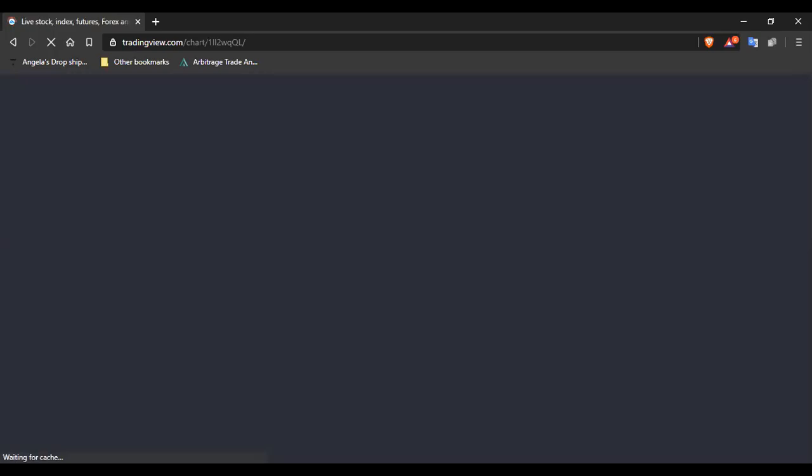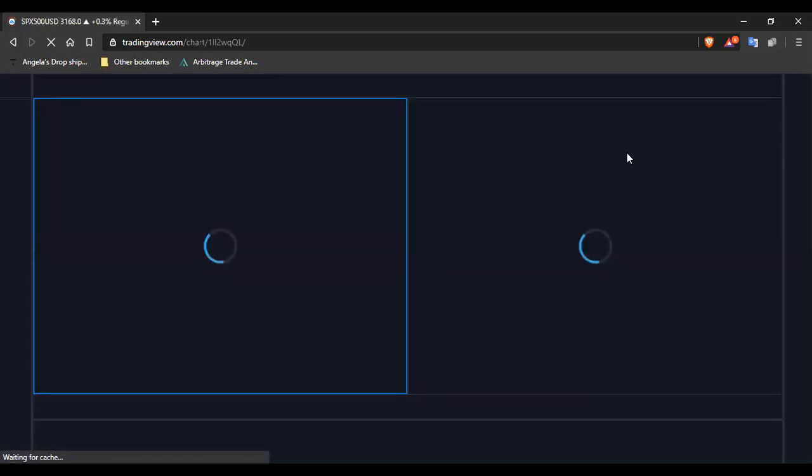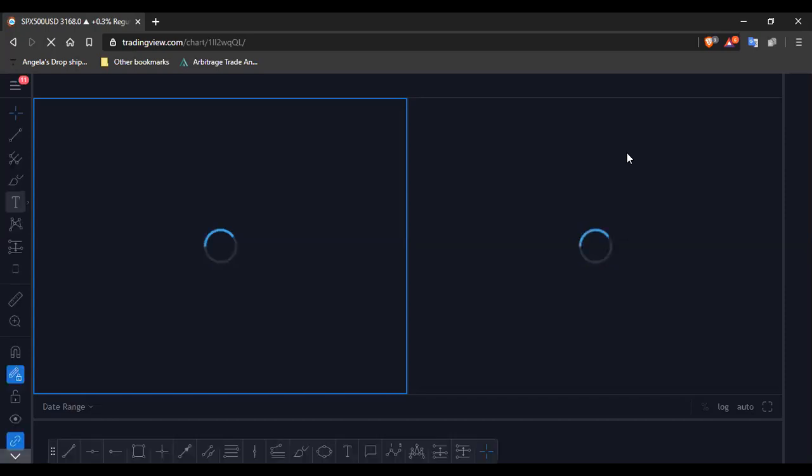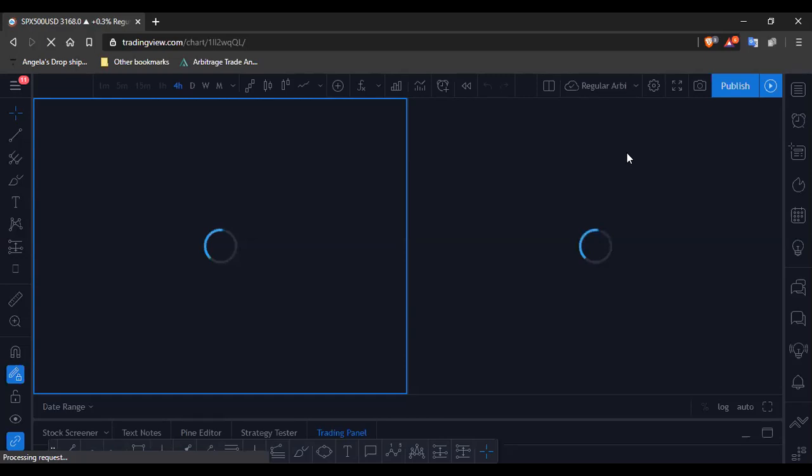Why is it taking this long? Great, now I'm going to have to cut this part off so that the recording is smoother. And this is why I'm low-key upset, because I loaded this even before I hopped on this live. That's why I'm like, why is it being so slow?